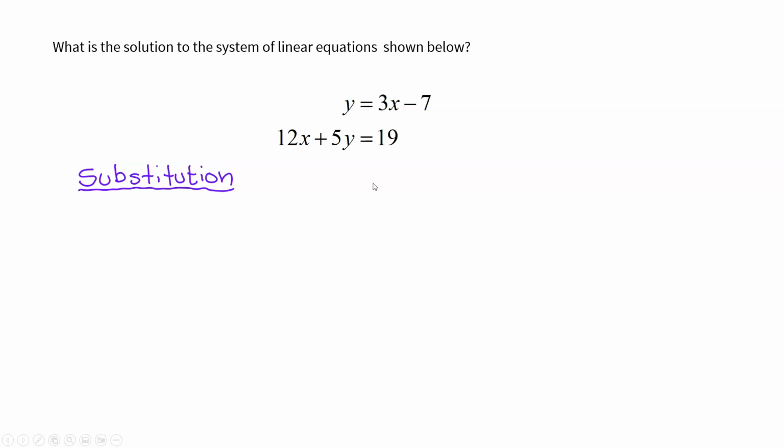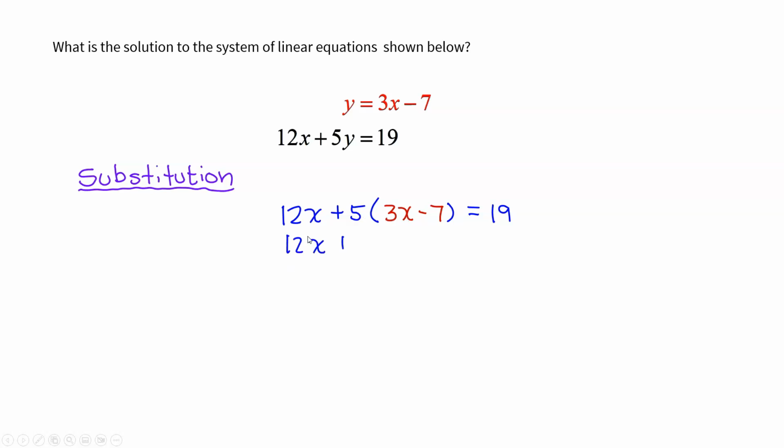Since this one is solved for y, you know that y is the same thing as 3x minus 7. So you know what y is in terms of x. Therefore, if you use substitution, you can go to the other equation and put 3x minus 7 in the place of y.